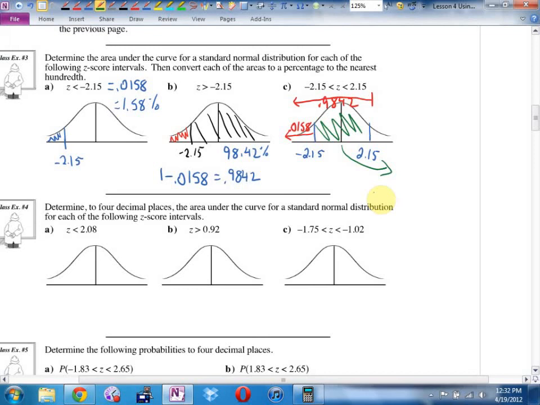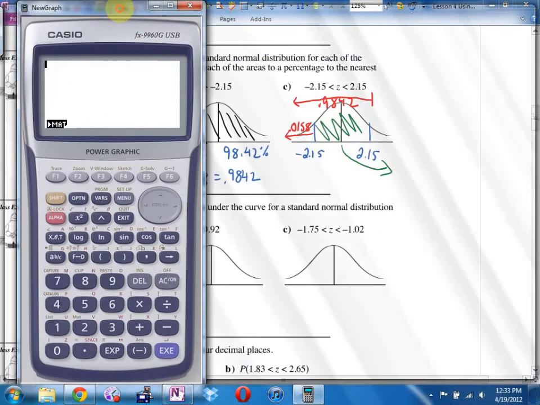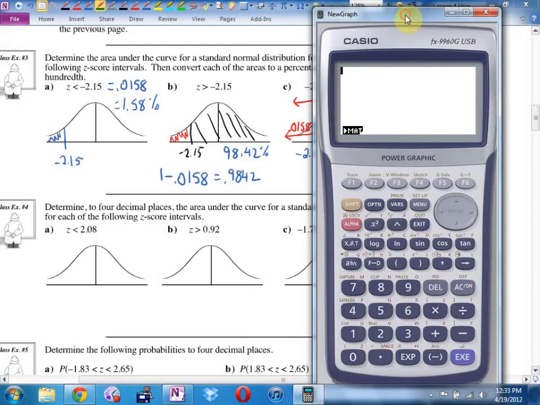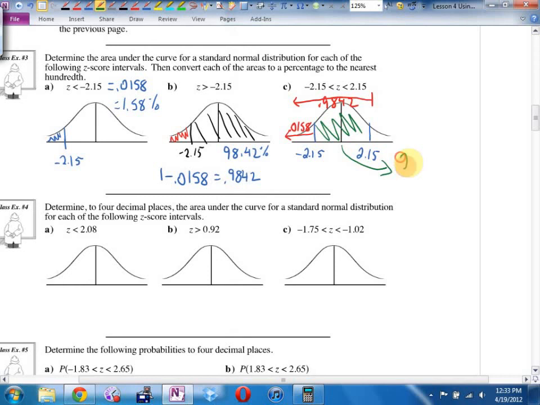So on your calculator, what is 0.9842 minus 0.0158? 0.9842 minus 0.0158 is 0.9684, or 96.84%.